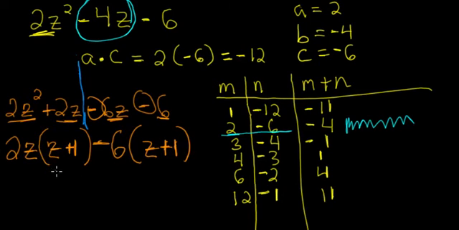Well, notice that I have two terms, and each of them contains this z plus 1 in parentheses. So I'll reverse distribute the z plus 1 out front. And that leaves inside 2z minus 6.